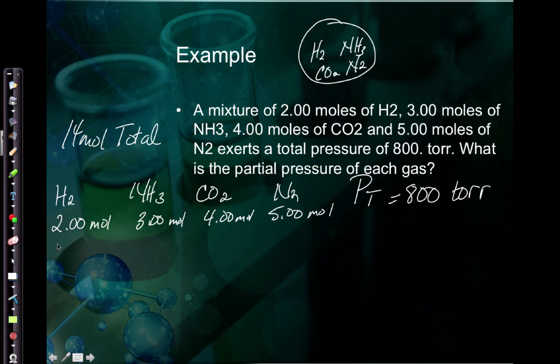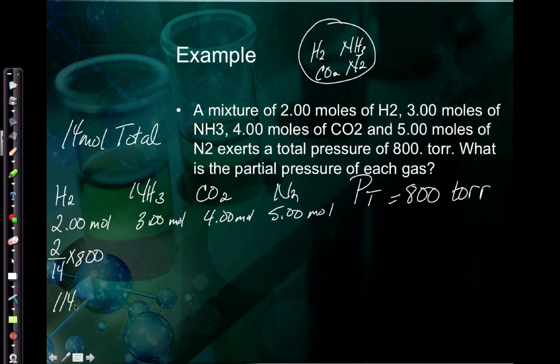It's the moles of hydrogen, which is 2, divided by 14. That gives me about 0.14. Then I'm going to multiply that by my total pressure of 800. You find the mole fraction here and then just multiply it by the total pressure.